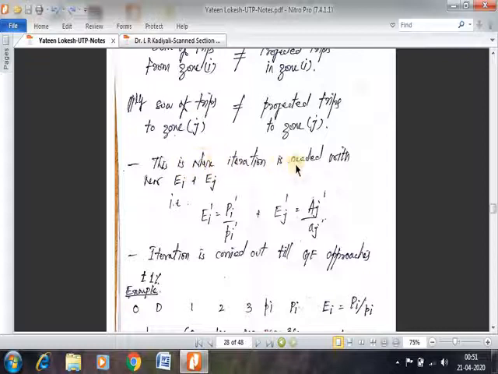So this is where the iteration is needed with Ei and Ej, which need to be reproduced. So the reproduced Ei and Ej would look somewhat like this.